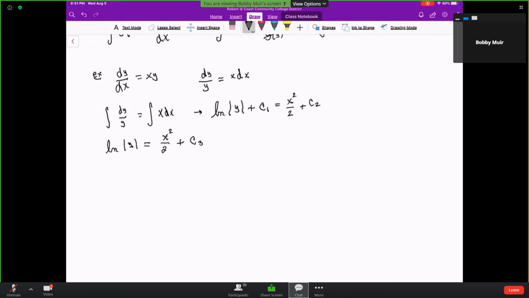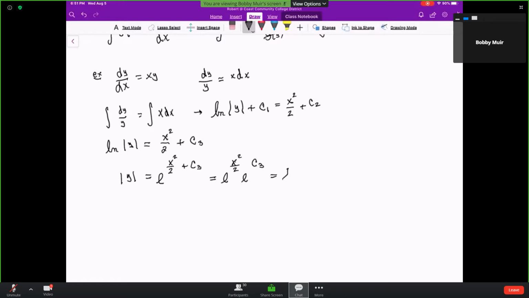Now I'm going to go e to both sides. And when I do that, I would have the absolute value of y would be e to the x squared over 2 plus c3, which is e to the x squared over 2 times e to the c3.